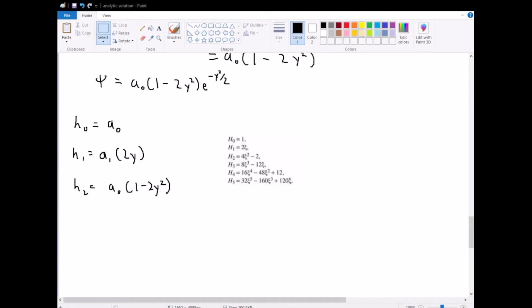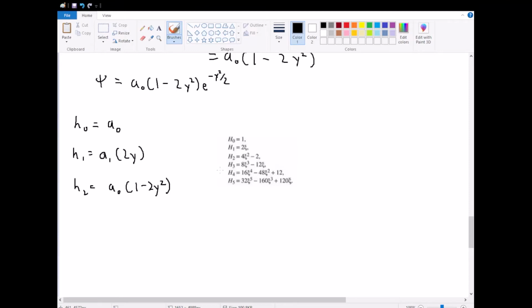Hopefully you see a pattern here in that these h terms are all successive polynomials of either odd or even degrees, and this specific type of polynomial is called a Hermite polynomial. If you go on Wikipedia, you could find it down to h100 or something, I believe, and it just goes on.